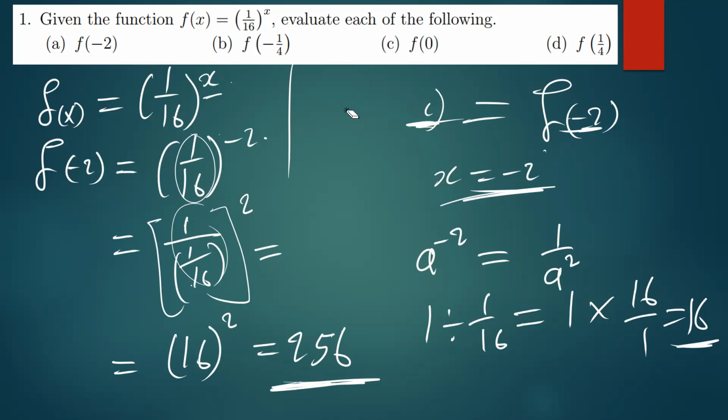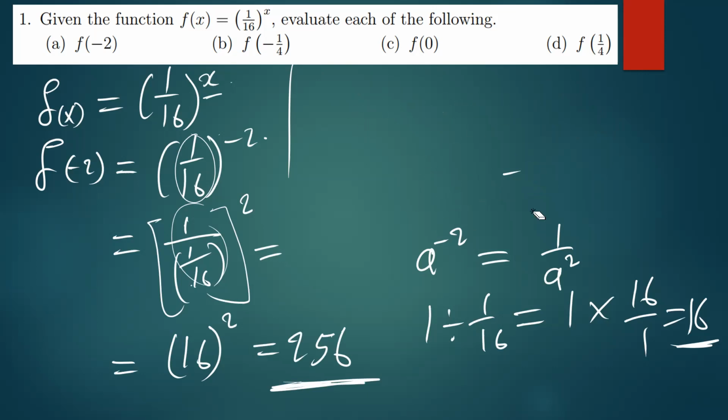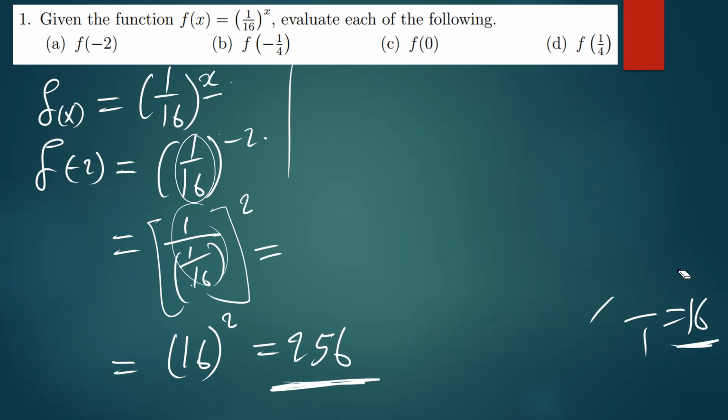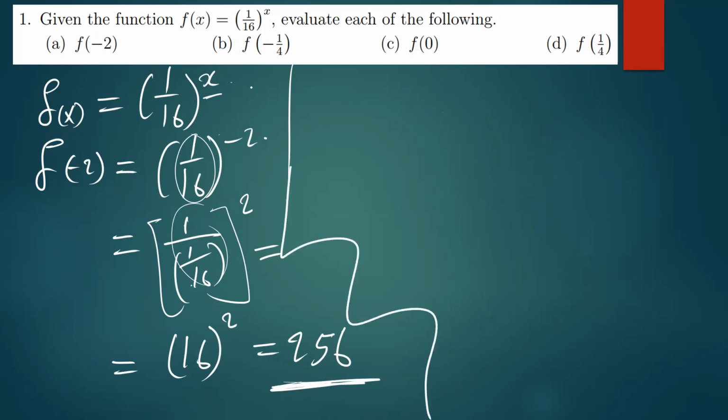So this one is also simple. We're saying f of negative 1/4, not 2 rather. In that same function, where there's x, I'm going to replace it with negative 1/4.